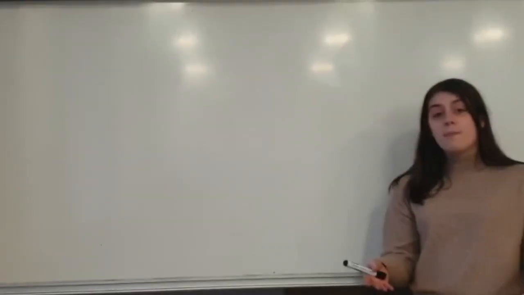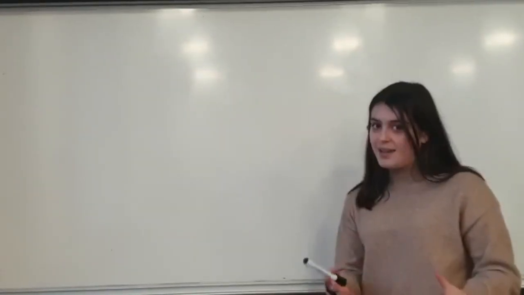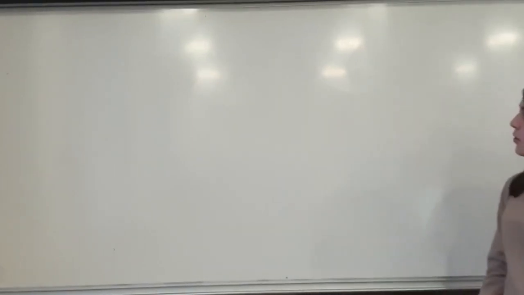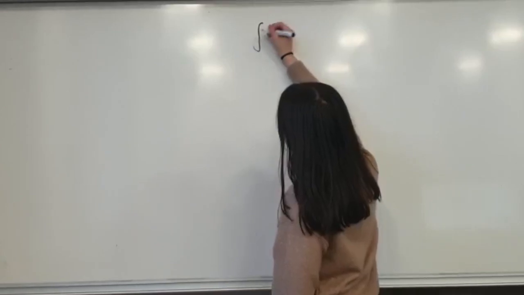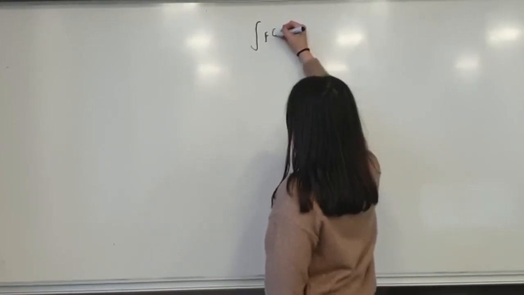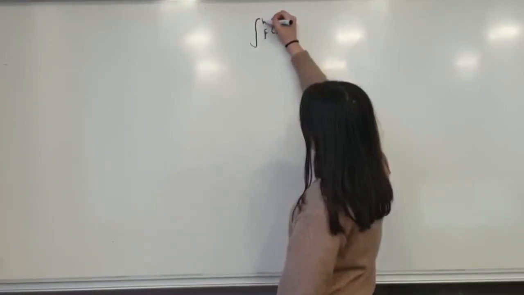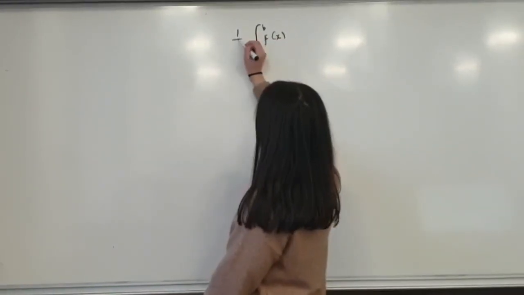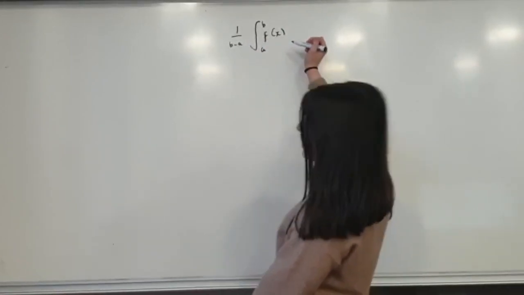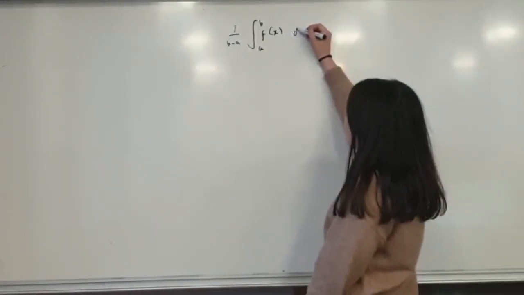Now, during our further mathematics course, or for those who were lucky enough to study it, we were told that the mean value of a function would look something like this. An integral between a and b, you would do 1 over b minus a and integrate through f of x like this.